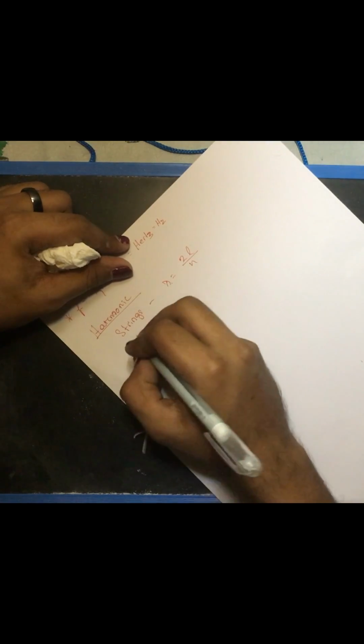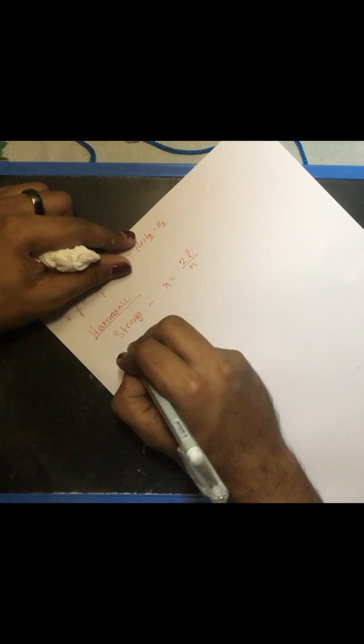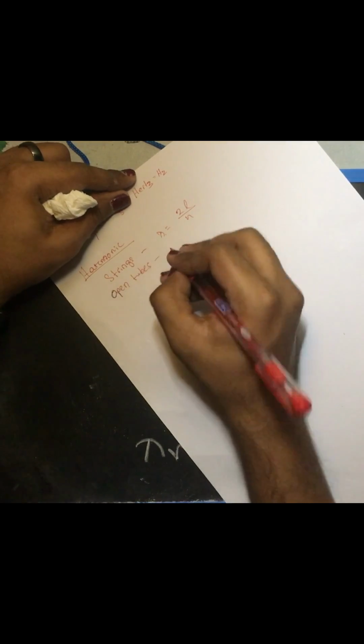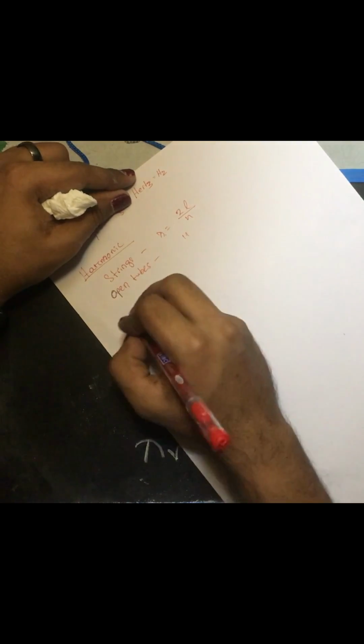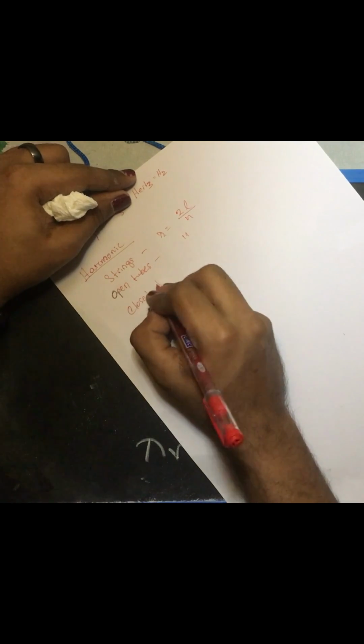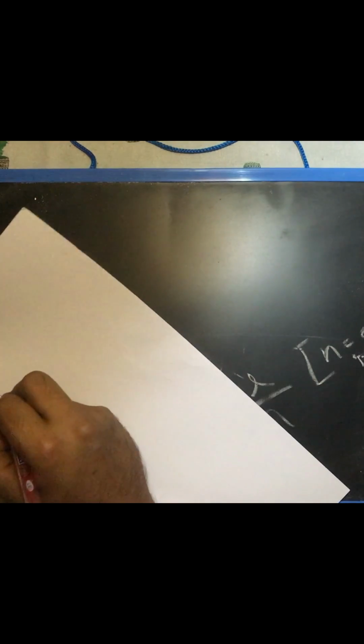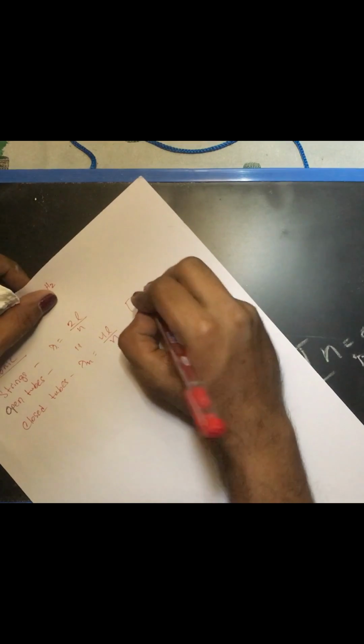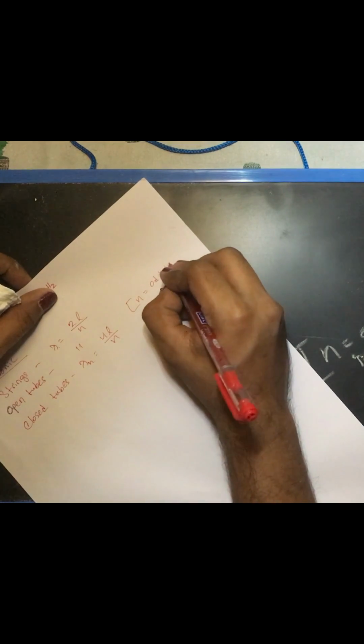The formula for string and also open tubes is the same as before. For closed tubes, we have lambda n equals 4L by n, considering n is odd integers.